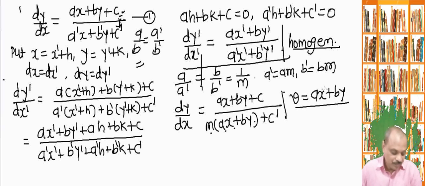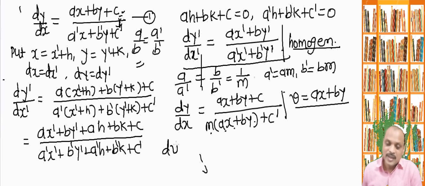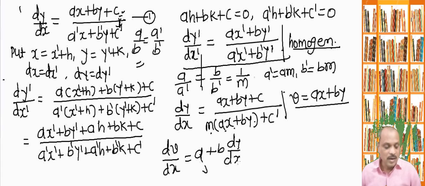Then we get dv by dx equal to a plus b into dy by dx, and then the equation will be easily reducible.